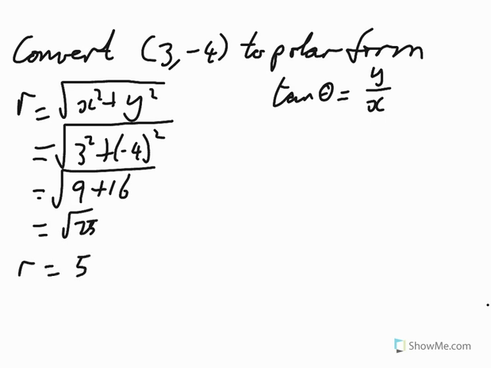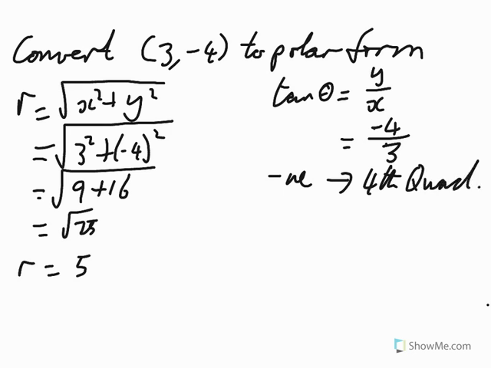So r is 5. Okay, so y is -4, so -4 over 3, negative means it's in the 4th quadrant. It's not an exact value, so we're looking for theta equals tan minus 1 of 4/3.